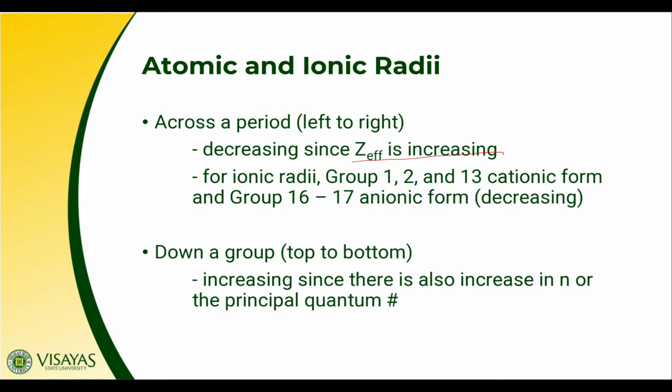Because of the increasing net positive charge felt by the electron, the electrons are pulled towards the nucleus. Because of this, we have a decreasing size of atomic radius as we go from left to right.